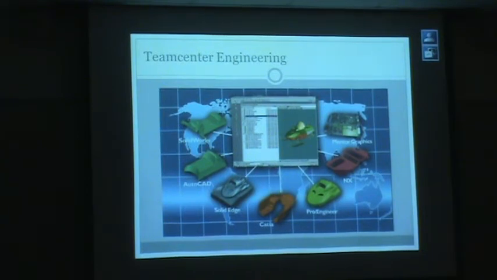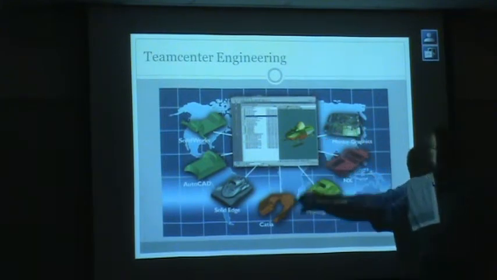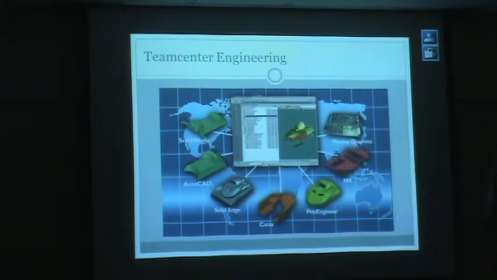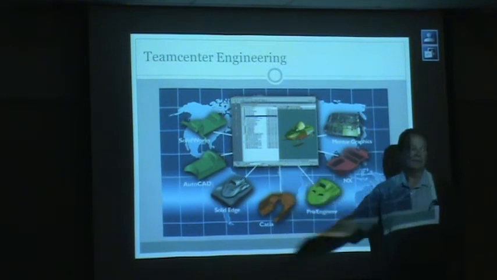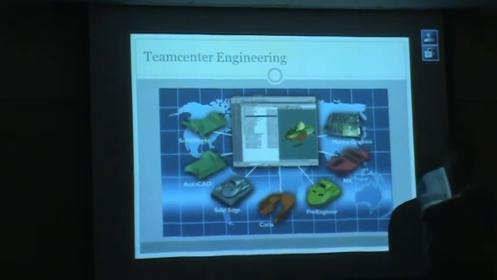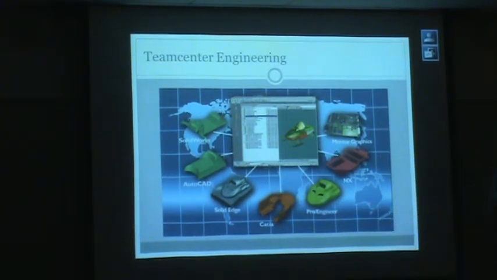And the thing that's nice about Teamcenter Engineering is you do not need to have AutoCAD installed to look at an AutoCAD part. What you need inside of Teamcenter Engineering is the ability to look at a file and build its JT representation.